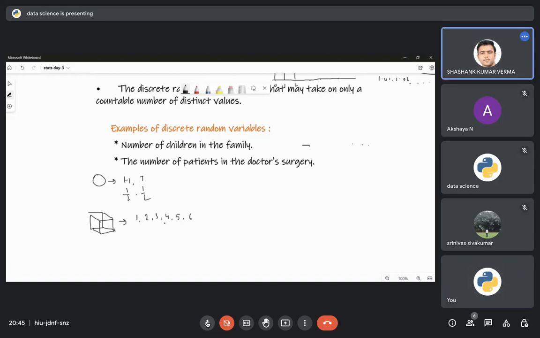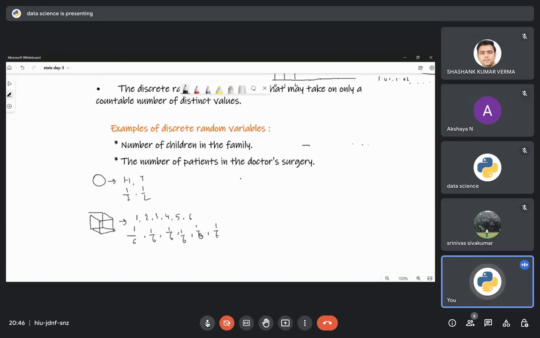No, sir, every face has a chance, like 1/6. How many faces are there? The possibility of coming 2 is 1/6, the third number is 1/6, the fourth 1/6, fifth 1/6, sixth 1/6. These are the possibilities, right?